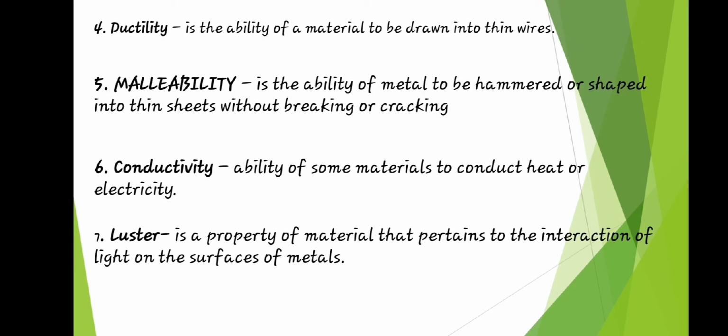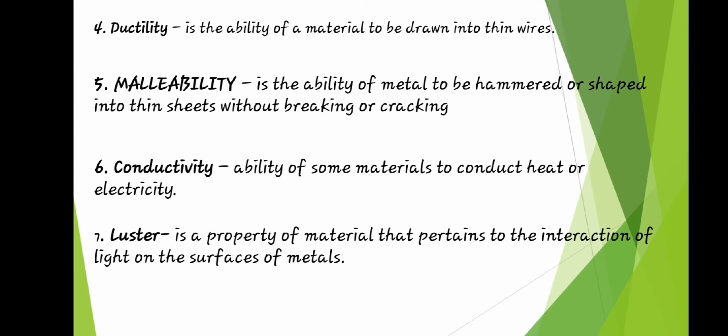Aside from brittleness, mass, and density, we can also describe a physical property by means of ductility. Ductility is the ability of a material to be drawn into thin wire. To explain it further, ductility can be measured or observed without the substance undergoing a chemical change.